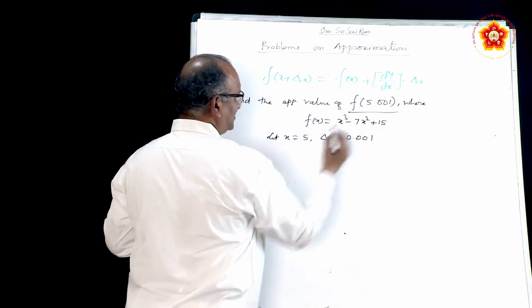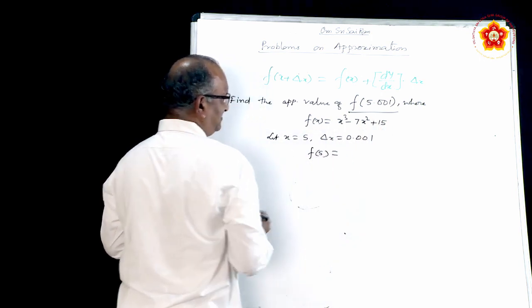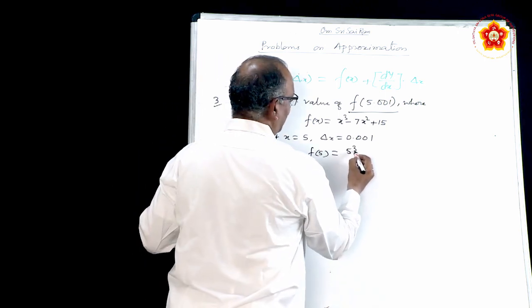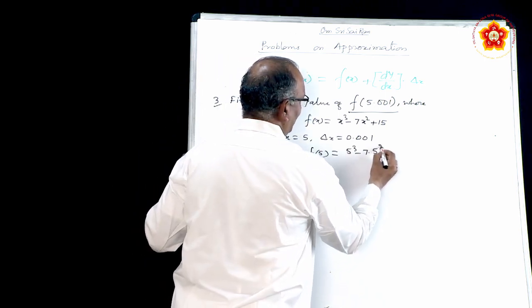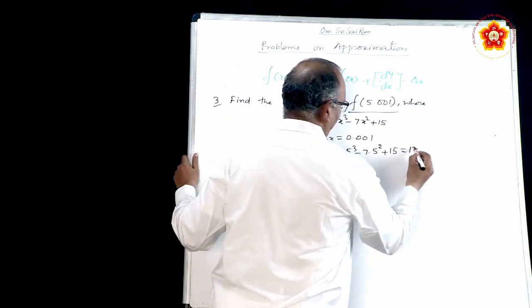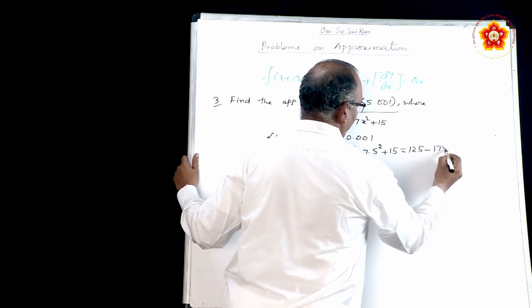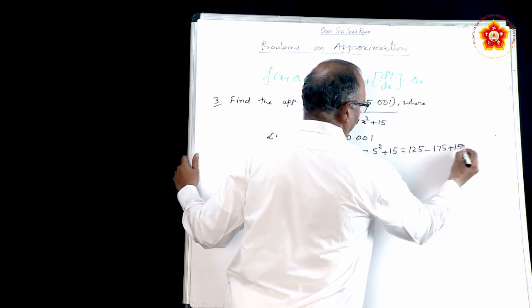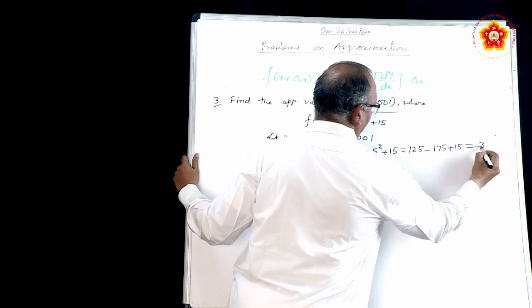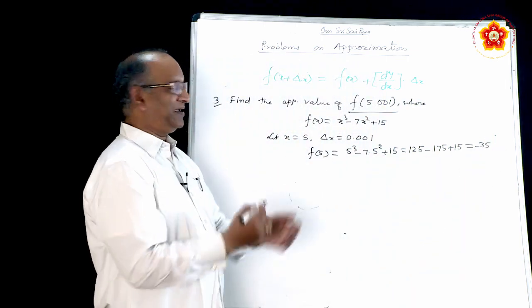Since f of x is known, you can find out f of 5. Wherever x comes, write 5. 5 cube minus 7 into 5 square plus 15. 5 cube is 125. 5 5s are 25, 7 25s are 175, plus 15 is equal to minus 35. This is the value of f of 5.